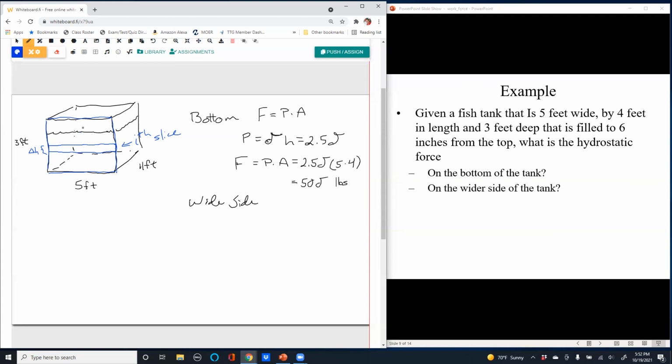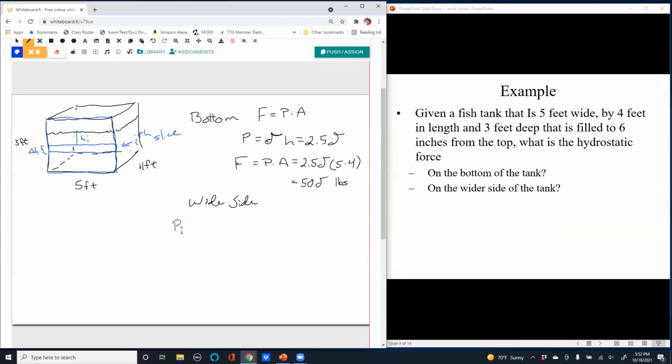Remember, if there's no water up here, that's not contributing to the total force on the side. So always measure your H sub I from the surface of the water. You can also measure it from the bottom, that's fine. And then this would be the top of the water minus H sub I. So again, I can't stress that enough. As long as you're consistent through the whole problem, it's not a big deal.